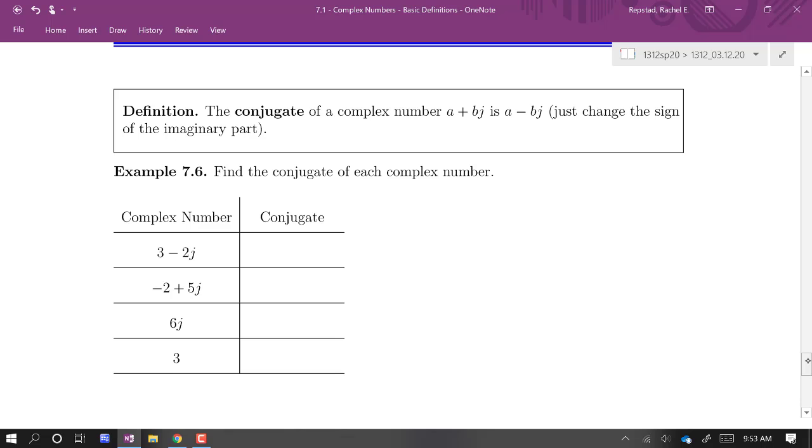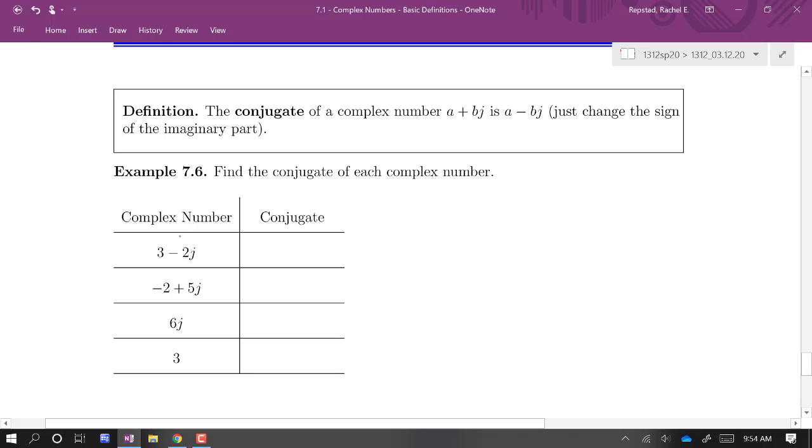We just wrote them as a sum. Root 2 plus root 3 was the same as root 3 plus root 2, and it didn't matter how we wrote it. With complex numbers, the conjugate is very specifically when we change the sign of the imaginary part. So even if I had written it as bj plus a, the conjugate would be negative bj plus a, right? You always switch the sign of the j part.